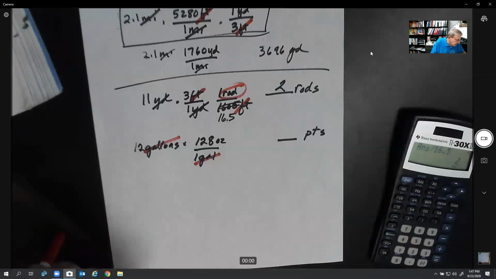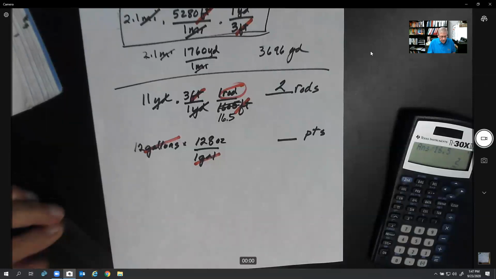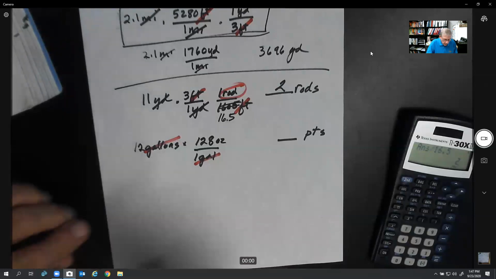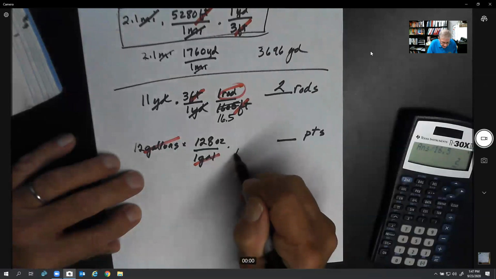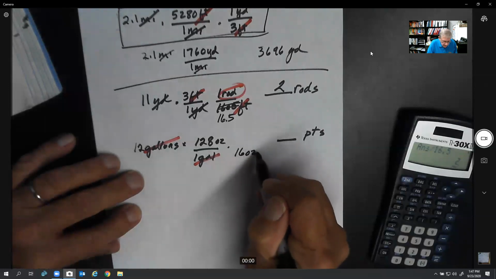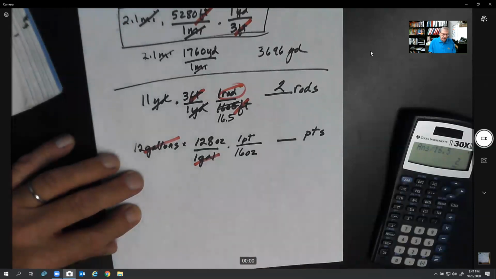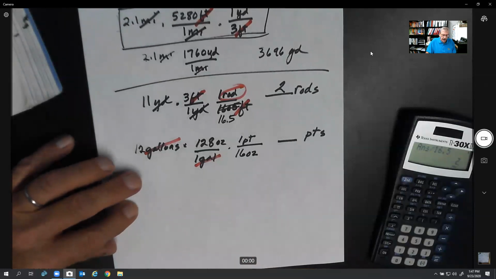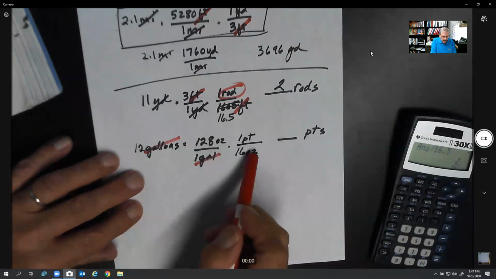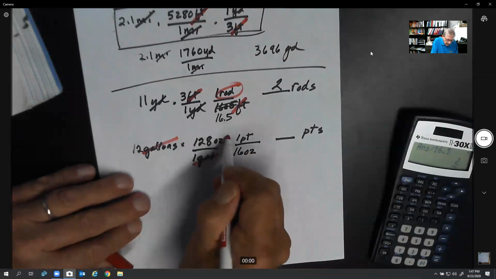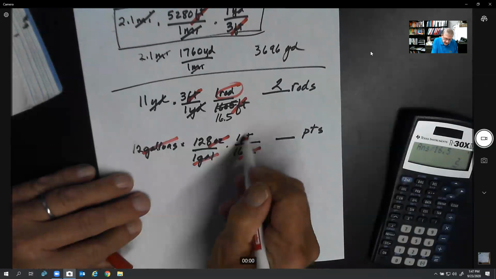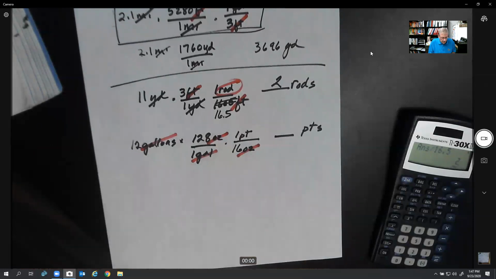We know that 16 ounces is 1 pint. So if we put the 16 ounces on the bottom and the 1 pint on the top, you see, now we've converted ounces to pints. And again, we want these diagonal. Ounces cancel out ounces. If you don't have them diagonal, the problem won't work.